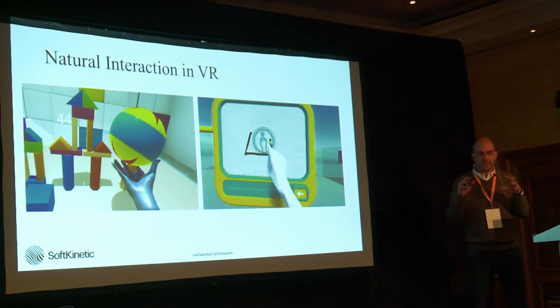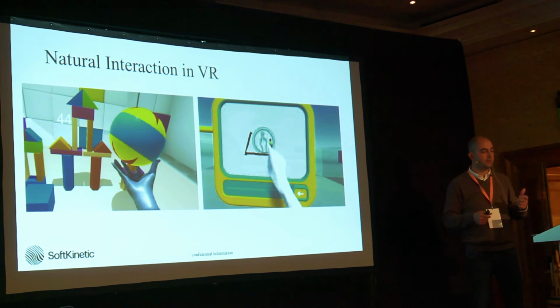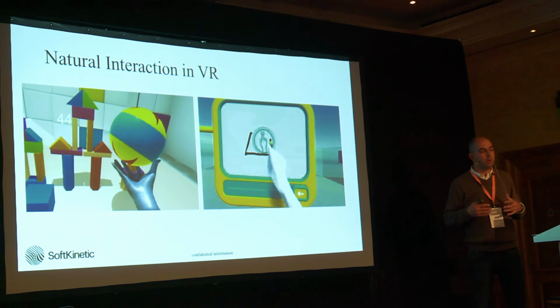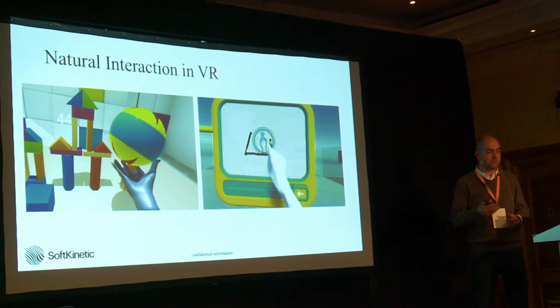And just by seeing your own hands versus a pre-animated hand that you could have from a handheld device, it gives you a sense of scale and a real connection with your body, and that really reduces discomfort that you could have when you don't see any parts of your body actually in the game.